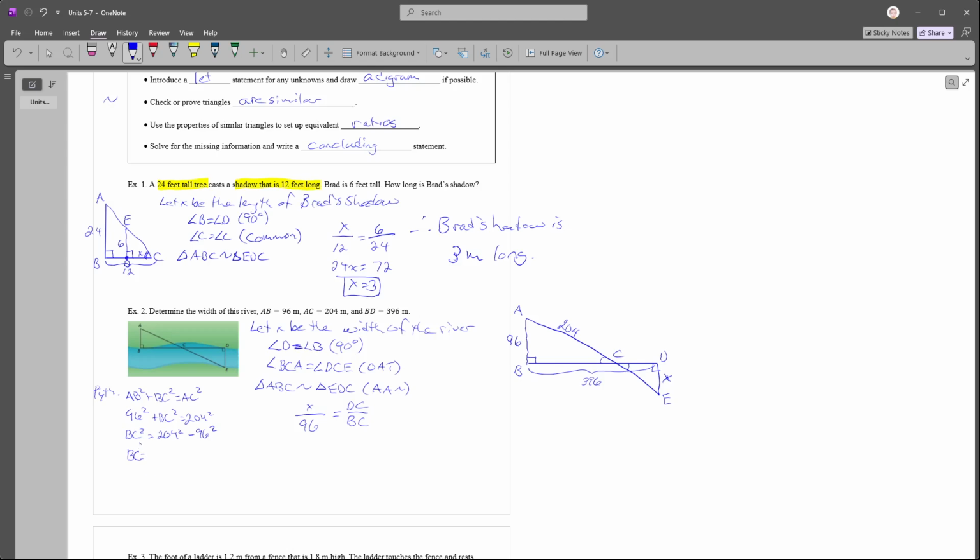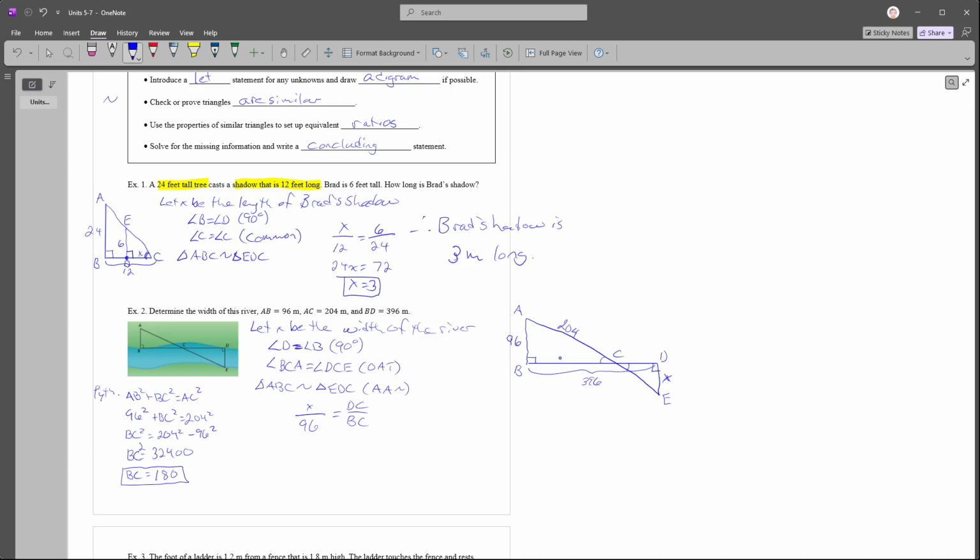Actually, let's do BC squared first so we can see the whole number. When you do this, you should end up with a number here of 32,400. And when you take the square root of that, miraculously, you're going to end up with 180. What is that 180? That is the distance of BC.